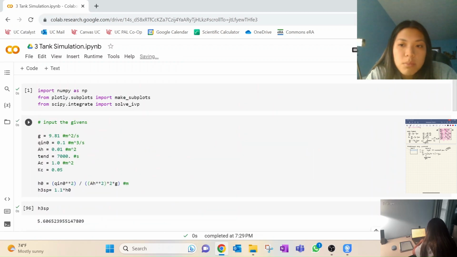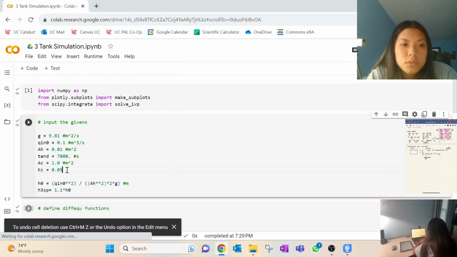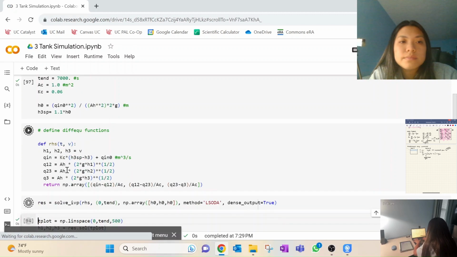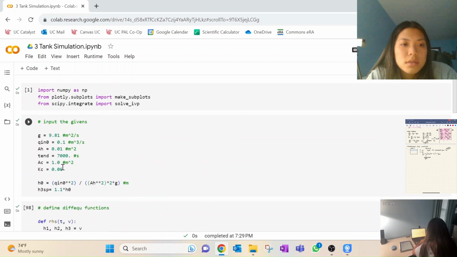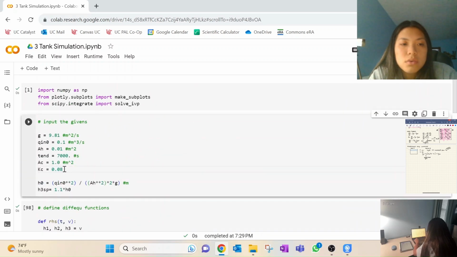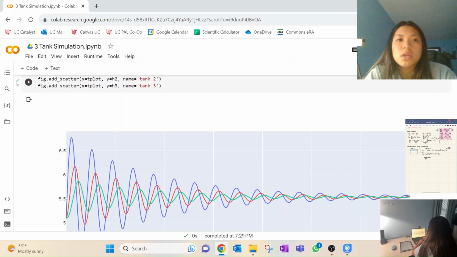But if we do any more aggressive controller gain, it has all these oscillations. And we have all these oscillations, but it's still eventually going to reach steady state because you can see it's starting to converge.